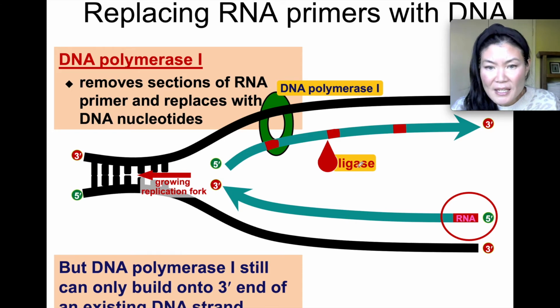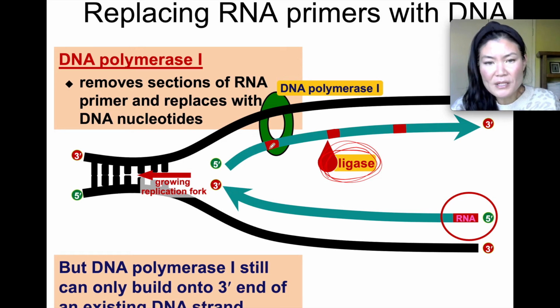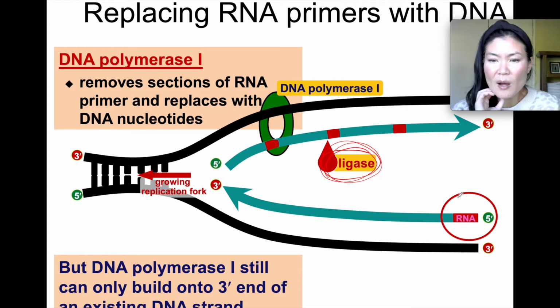And then the ligase comes in, just like with the Okazaki. Well, this is the fragments, actually. These are fragments right over here. Once the primers are replaced with DNA, then ligase comes in and glues the fragments together, okay? Here, though, the problem is that there's no nucleotide over here, okay?